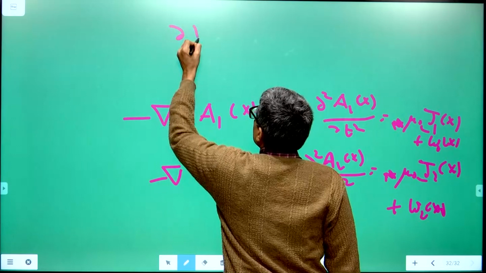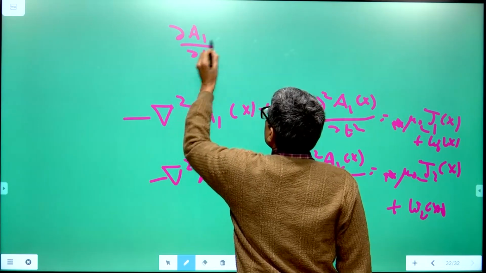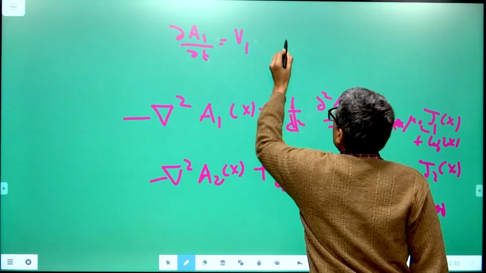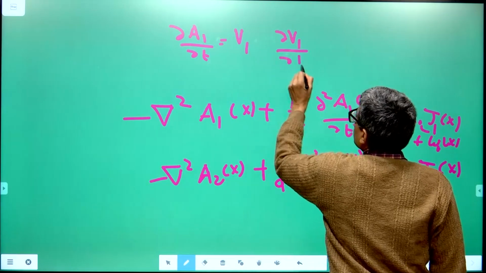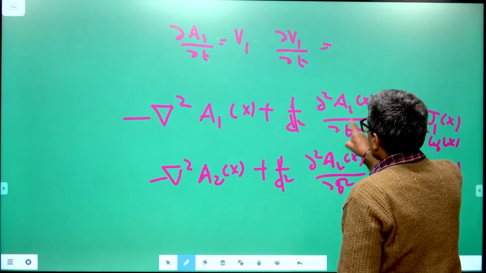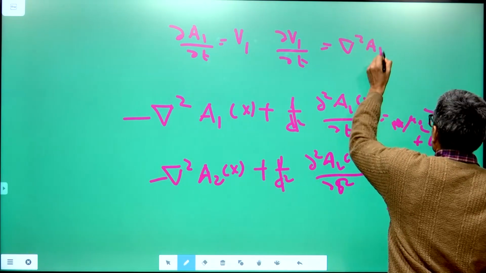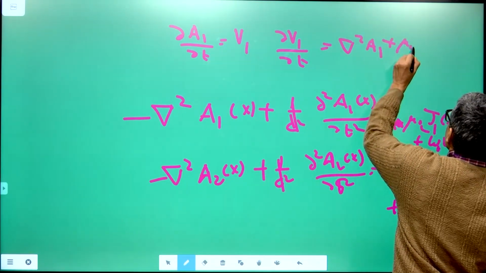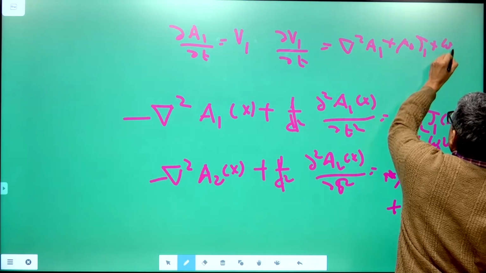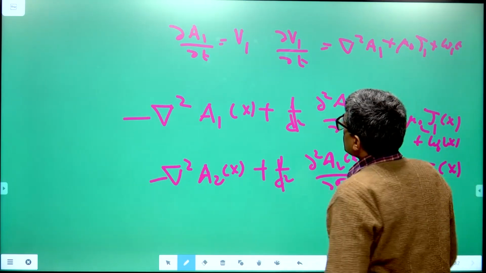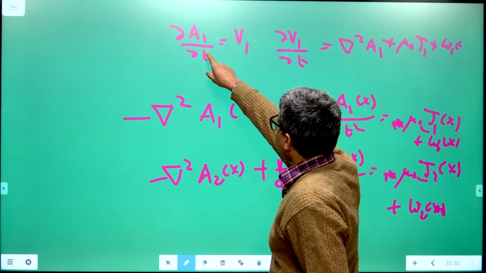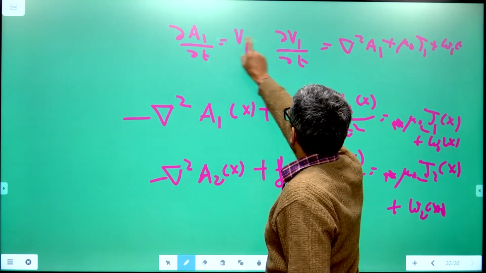So I can write it as dou a1 by dou t equal to some v1, and dou v1 by dou t equal to del square a1 plus mu 0 j1 plus w1 of x. So this is a system of first order differential equations for the state variables a1 and v1.